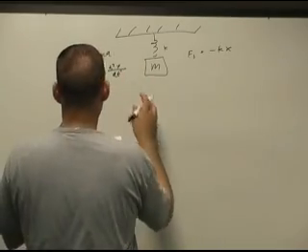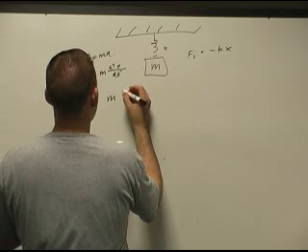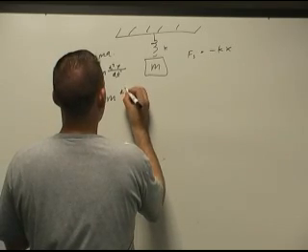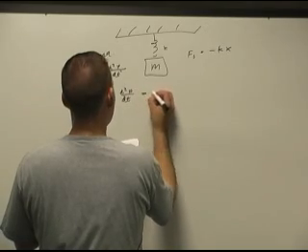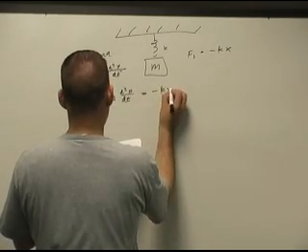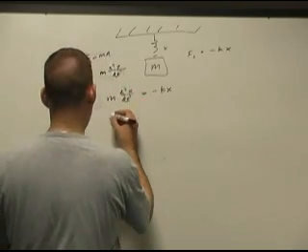Basically in this situation, m times the second derivative of position over dt squared is equal to negative k x.